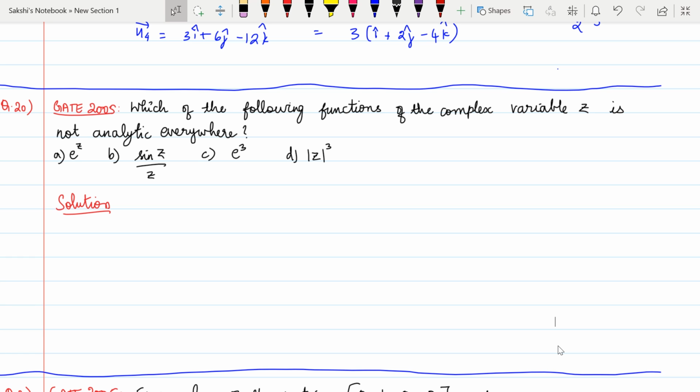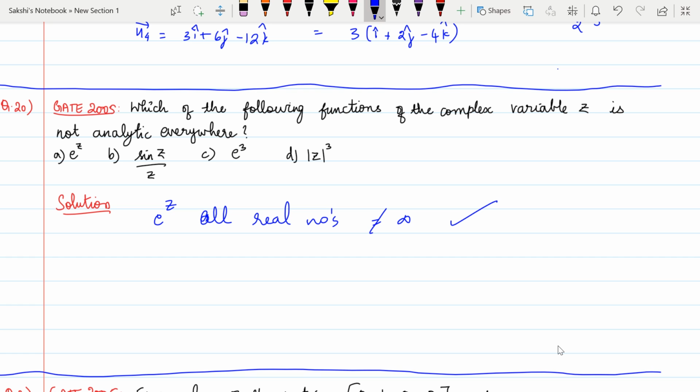But if it is non-analytic, that is, when you substitute any real values for the given function and the answer is infinity. If your answer goes to infinity, then that function is not analytic. So if you see e power z, for all real numbers it does not tend to infinity.